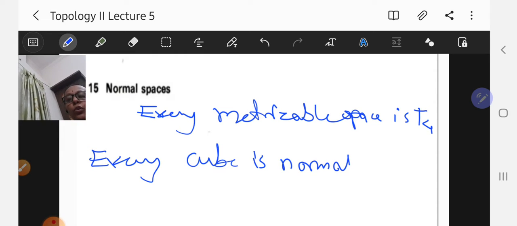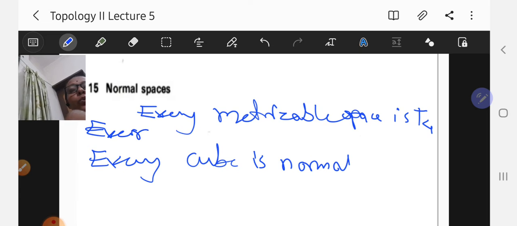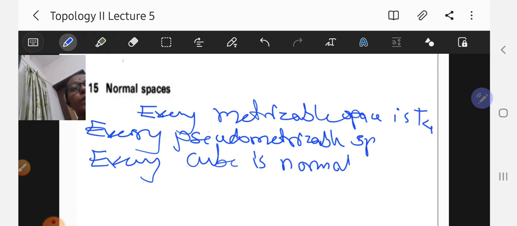Also, one more result is that every pseudo-metrizable space is normal.